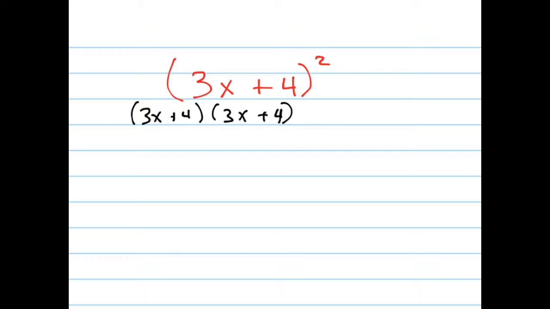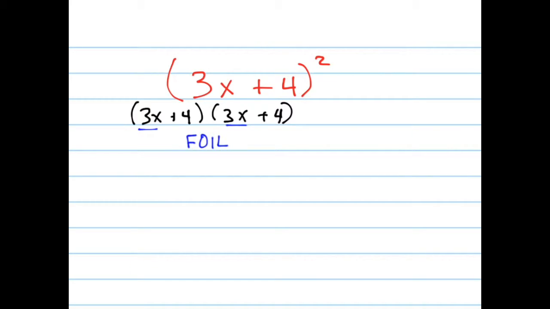So we learned how to multiply these yesterday. We learned a distribution process where we would do 3x times each of the second 2 terms, and then 4 times each of the second 2 terms, right? And I briefly mentioned that that was often called foiling, where you multiply the first.